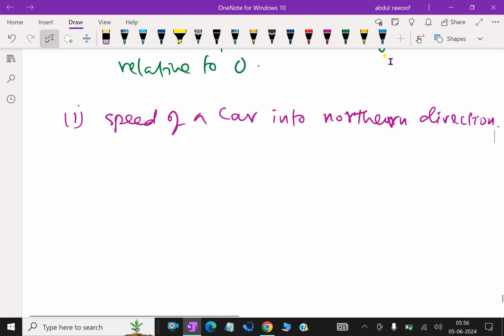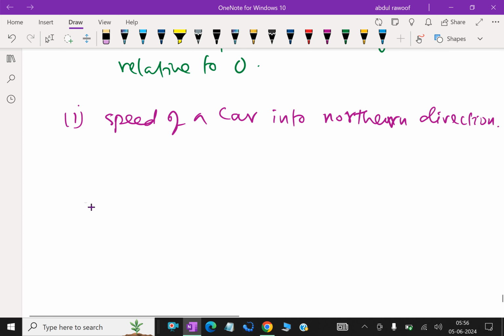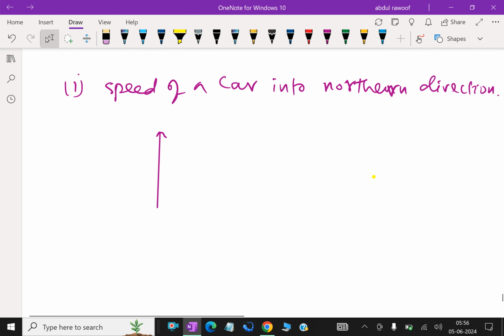How do we represent this as a vector? Look here. This is the northern direction.